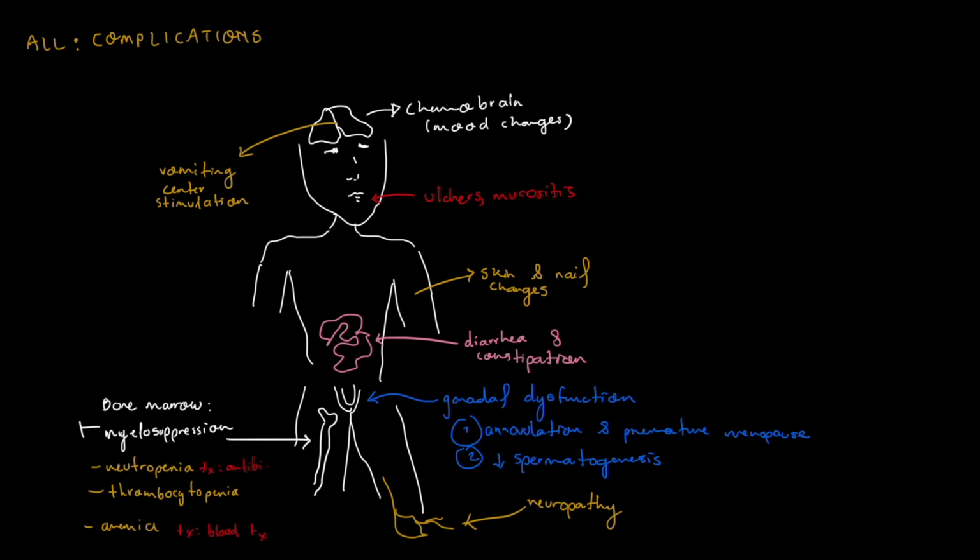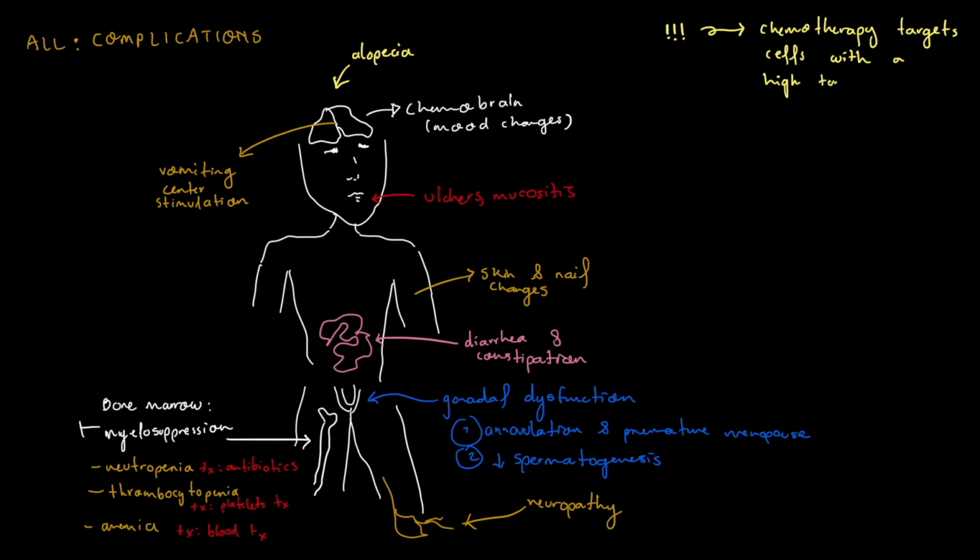We can use antibiotics for neutropenia. For thrombocytopenia, we can use platelet transfusion, and for anemia, blood transfusion. Also, it's important to mention that alopecia is going to be present as a secondary effect of chemotherapy.